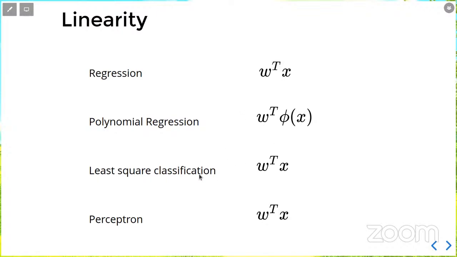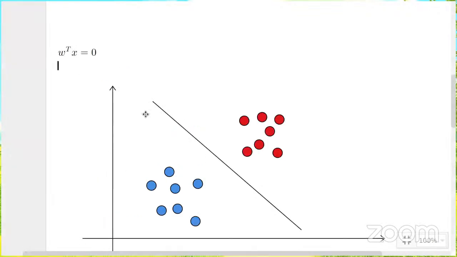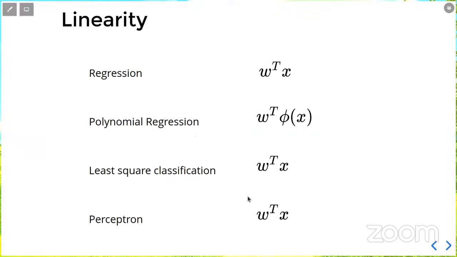In least square classification, we again learned these w's using w transpose x, but once you learn it, whenever w transpose x is greater than 0, we call it class 1, and when it is less than 0, we call it class -1 or 0. That was least square classification. In perceptron also we do the same thing. The only difference is that perceptron has a different update rule compared to least square classification.